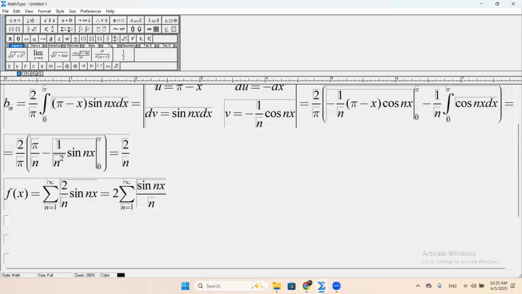And it equals f of x when x is from minus p to p exclusively.